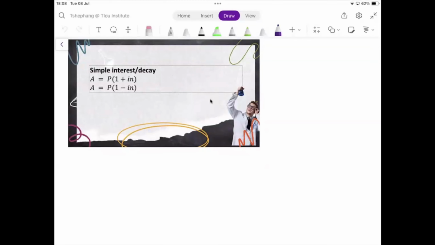Now, we know that we have A, P, I and N. A stands for the accumulated amount, what I say is the end amount. P is the principal amount, the beginning amount.